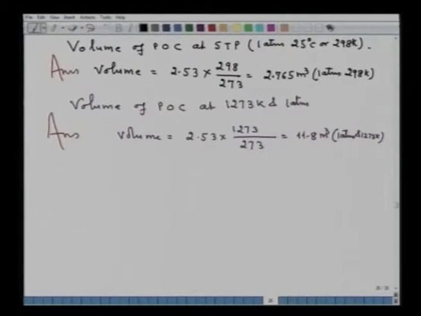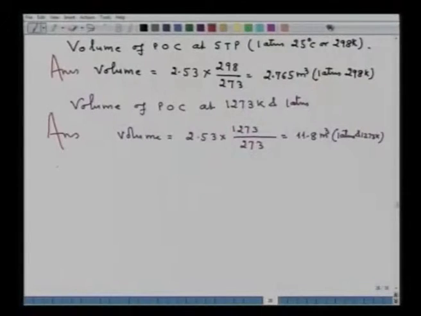So, what does it imply? It implies that while designing the fuel fired furnaces, the volume of POC at that particular temperature is very important, because once you combust, the volume of POC will increase. So, accordingly the cross section area for the flow passage of the POC has to be designed.